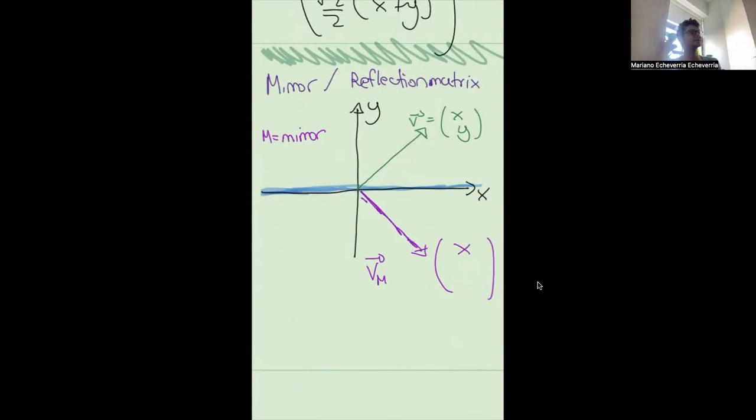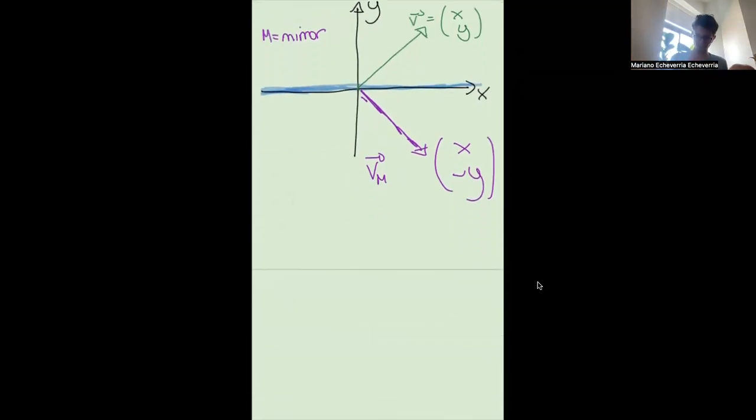Yeah, it just flips the second coordinate, right? Good, perfect. So is that making sense? If you place a mirror along the x-axis, it makes sense that the mirror image would be the vector with entries x and minus y. So this is a situation where we already know what the answer should be. We already want the answer to be x, negative y.